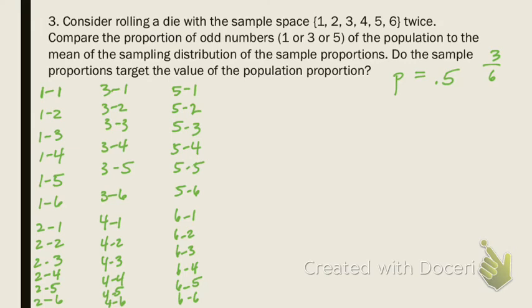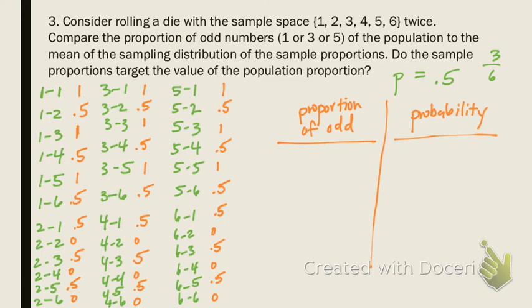So, like 1 and 1, both of them are odd, so that gets a 1 next to it, 100%. But 1 and 2 would only be 50% odd, so 0.5. And then if none of them are odd, what would go next to it? A 0. So it's either going to be 1, 0.5, or 0. So go through and list 1, 0.5, or 0.